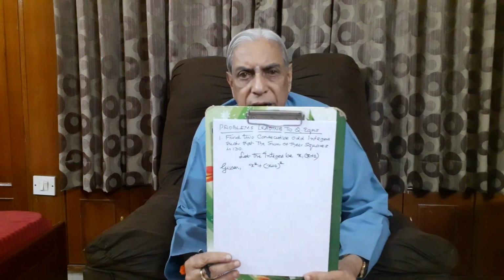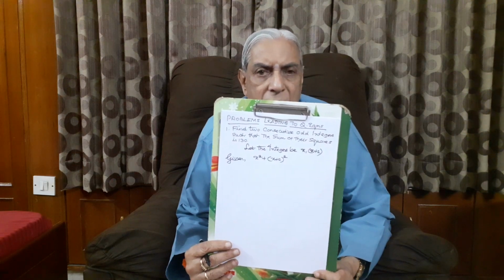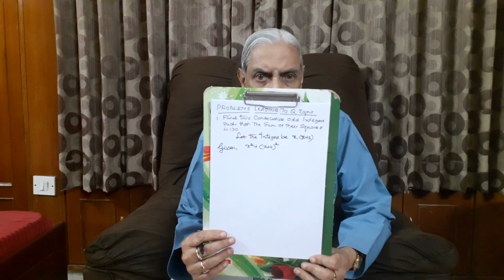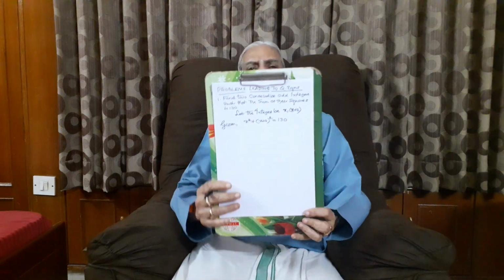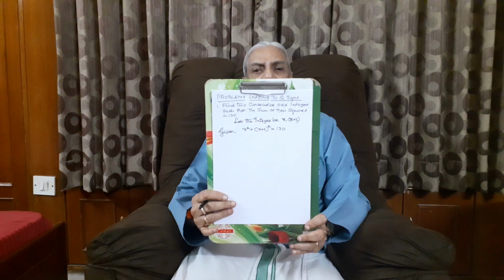So given that x squared plus x plus 2 the whole square, I have written it down, see. I am converting the wordings into mathematical form. Sum of their squares, x squared plus x plus 2 the whole square, that is equal to how much? 130. Am I right? So I have brought the statement form into the mathematical form.